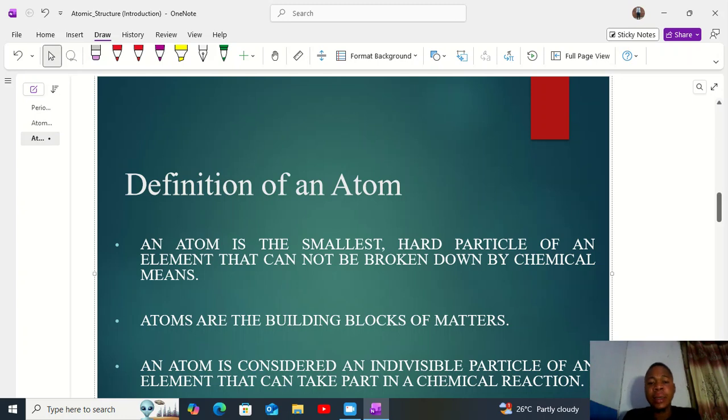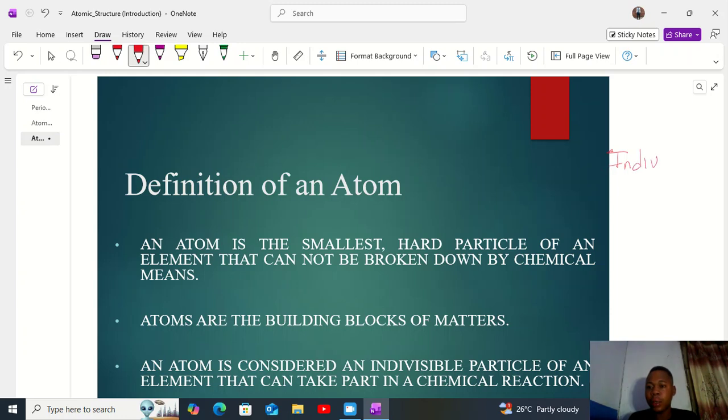Like I said, an atom is the smallest hard particle of an element, and it is expected that an atom cannot be broken down by any chemical means. This is as a result of the work of Dalton, which says atoms are indivisible.